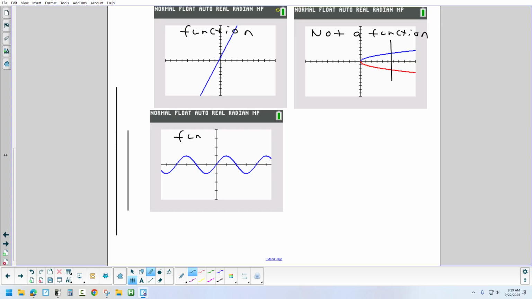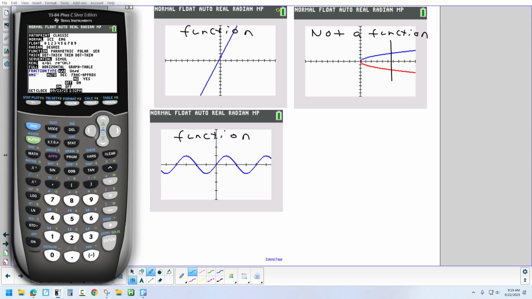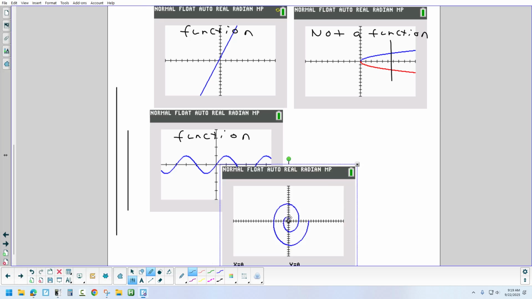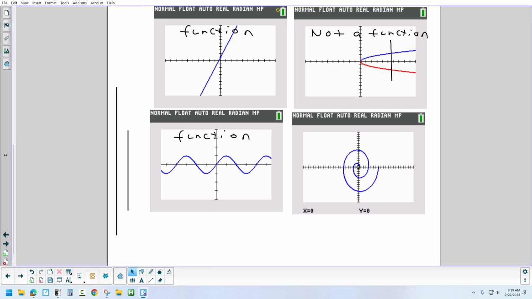All right, let's do one more. I might have to zoom out a little bit so you can see that better. Function or not a function? That's not a function. Definitely fails the vertical line test.